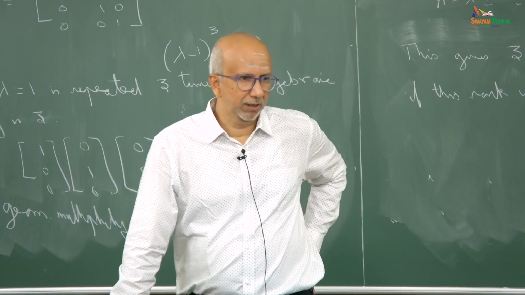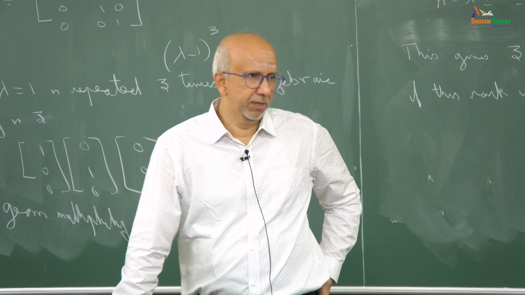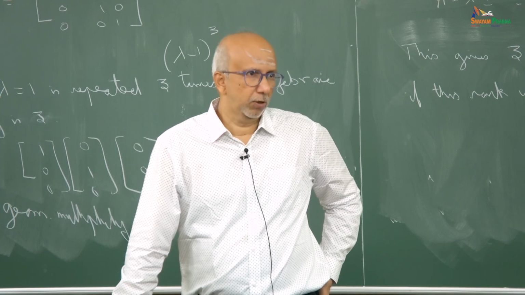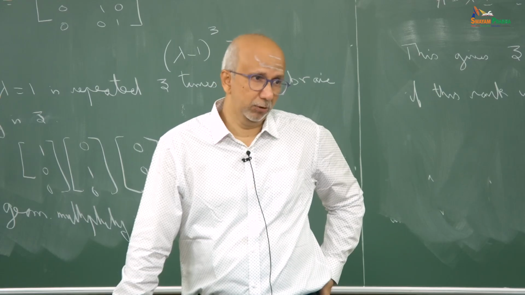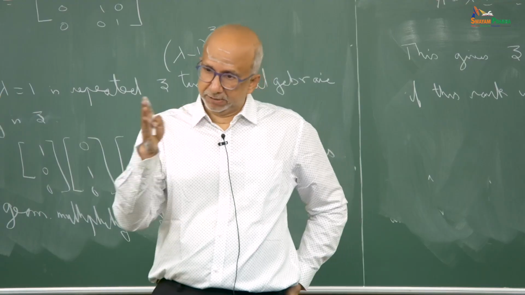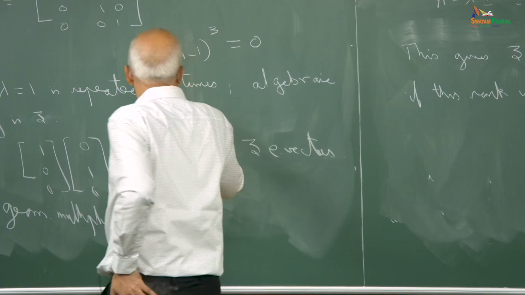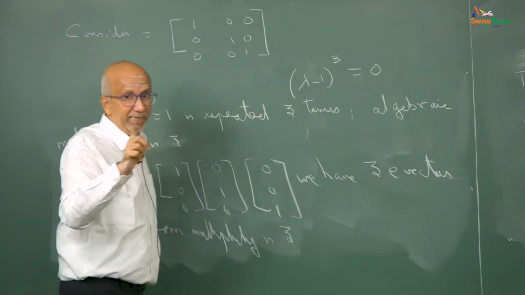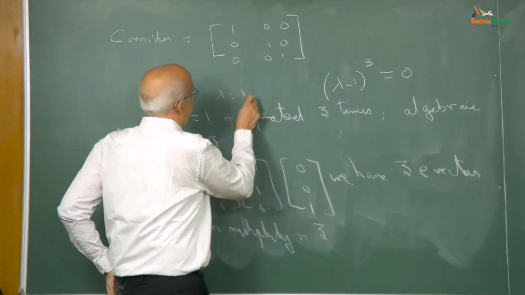So, we'll keep life simple, but you need to understand that just because you have a matrix which is n by n, you are not guaranteed n eigenvectors, you are guaranteed n eigenvalues. If the eigenvalues are all distinct, there is no repeated eigenvalue, unlike in this case where we had repeated eigenvalues. One was repeated 3 times, right. Lambda is 1, 1, 1.